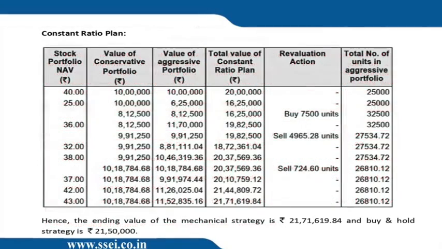The buy and hold portfolio is 21,50,000, whereas the ending value of our portfolio in the solution is 21,71,619. So in this case, our constant ratio plan has outperformed the passive buy and hold strategy, which is becoming 21,50,000. Our mechanical strategy is 21,71,619.